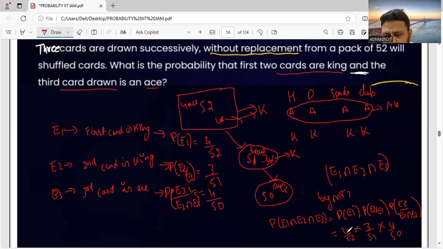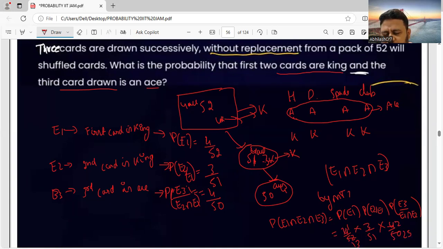So 4 ones are 4, 4 13s are 52, and 2 25s are 50.